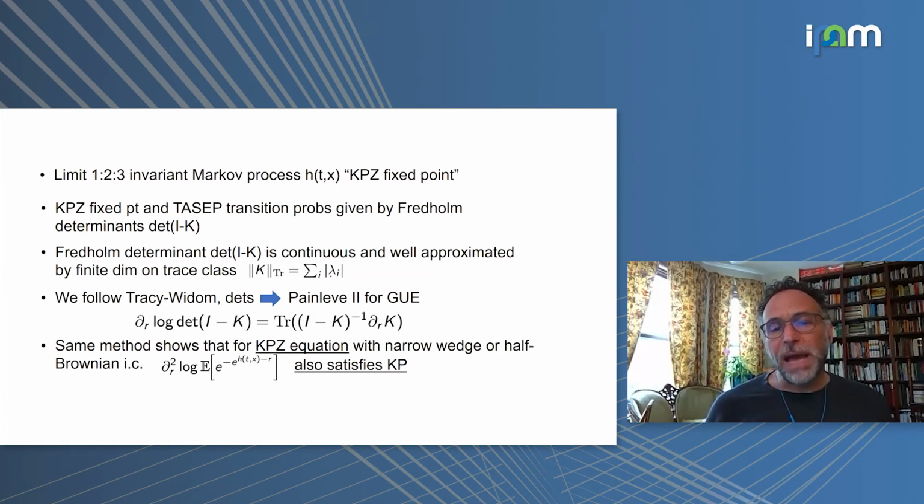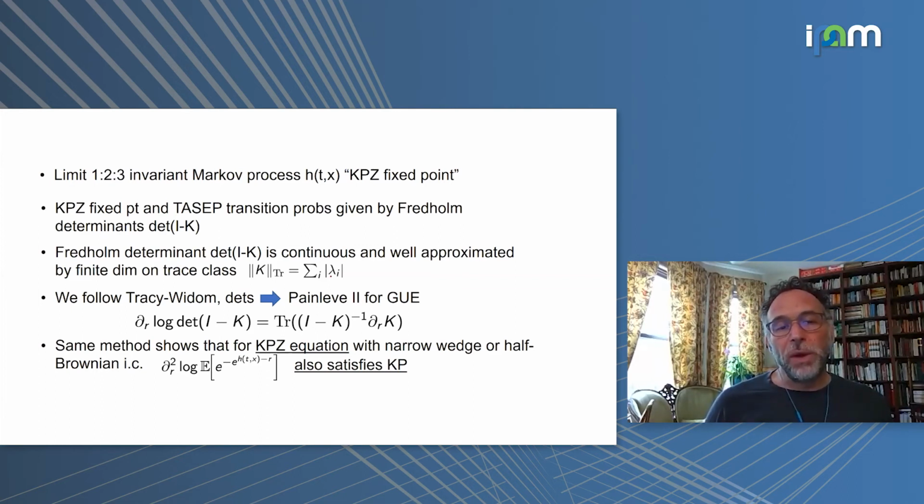So these are compact operators, and the trace class means that they're very well approximated by finite dimensional versions of the operators. And the determinant is actually continuous on the trace class. So you're just fine pretending everything is just finite dimensional approximations, and the determinant just works exactly like the classical determinant.